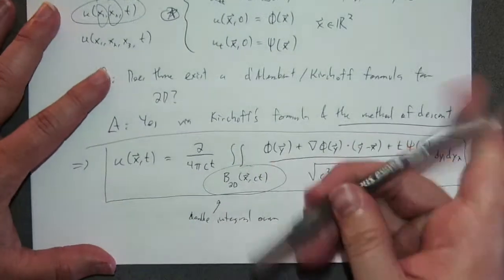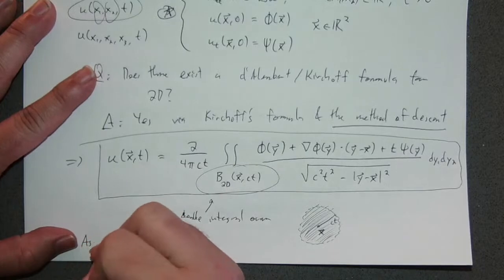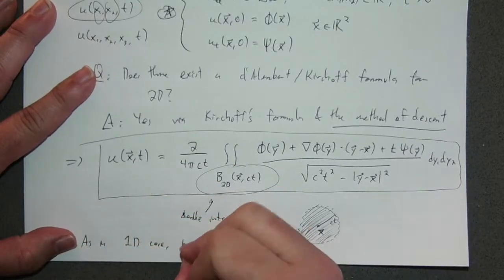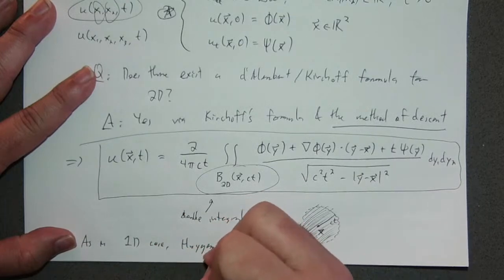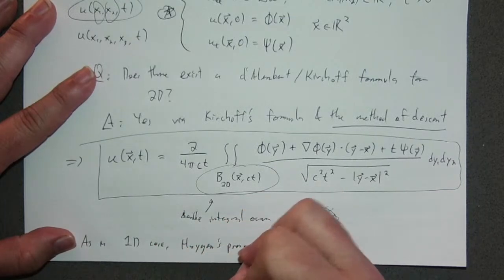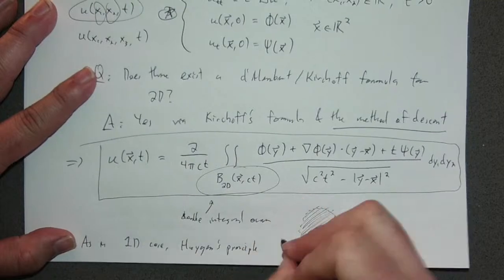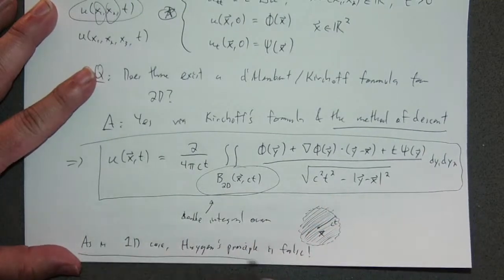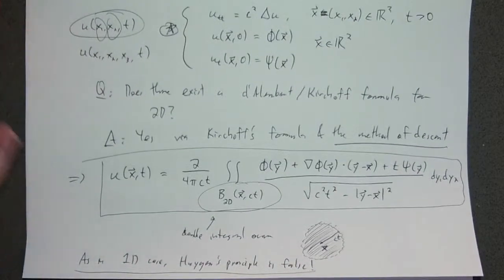So, as in the 1D case, Huygens principle is false. And living in a 1 or 2 spatial dimension universe would be pretty weird for a number of reasons, but this is one particular reason that it would be pretty weird.